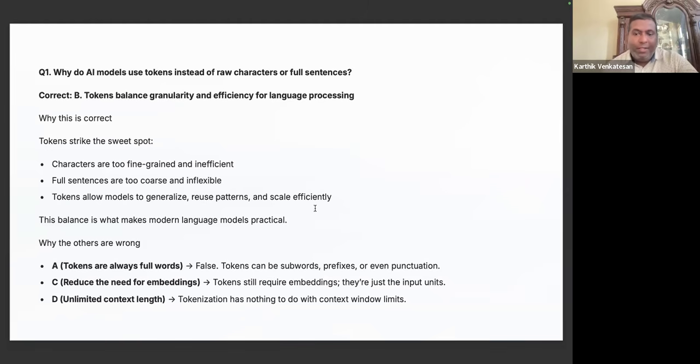Tokenization has nothing to do with context window limits; that's a limitation of your LLM. It's nothing to do with how it breaks words and sentences into tokens. And someone said, you still need the embeddings. Tokens are actually converted to vector embeddings. They are the input to the vector embedding conversion.